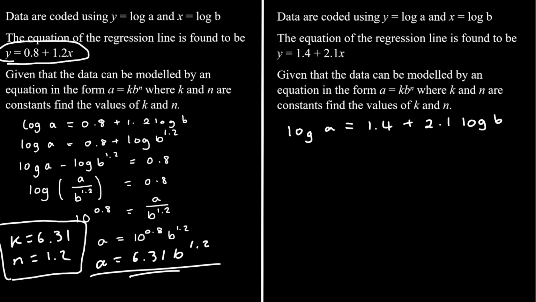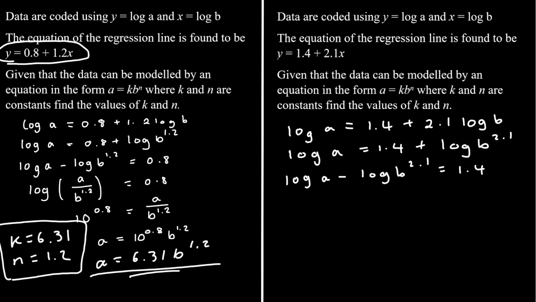The 2.1 can jump up and become a power. So log a equals 1.4 plus log b to the power of 2.1. Get the logs on the same side. So log a minus log b to the power of 2.1 equals 1.4. A minus in logs means divide.